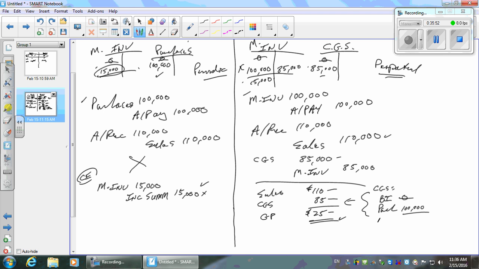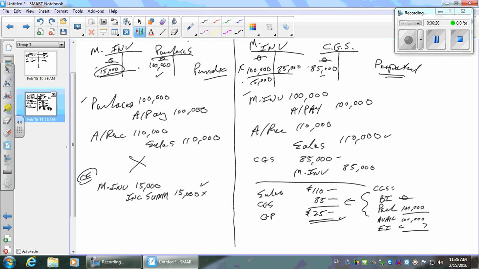So what's available? Your beginning inventory plus what you bought is what you have. Beginning inventory plus purchases is what's available for sale. Would you agree with that? Always true. It's common sense. So if I start with nothing and I buy 100, how much do I have available? 100. And then if I subtract what's left at the end, it's going to give me what I don't have left, right? Which is what? It's gone. Where'd it go?